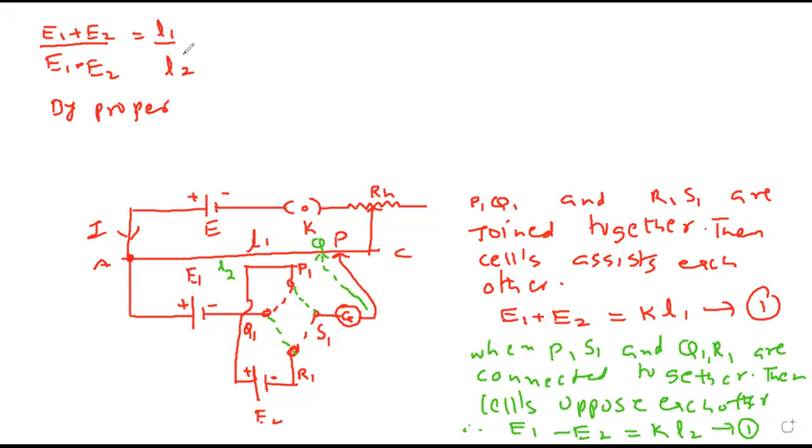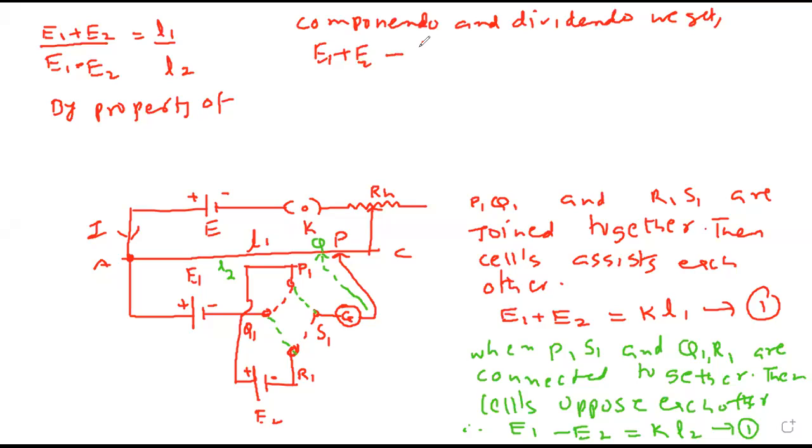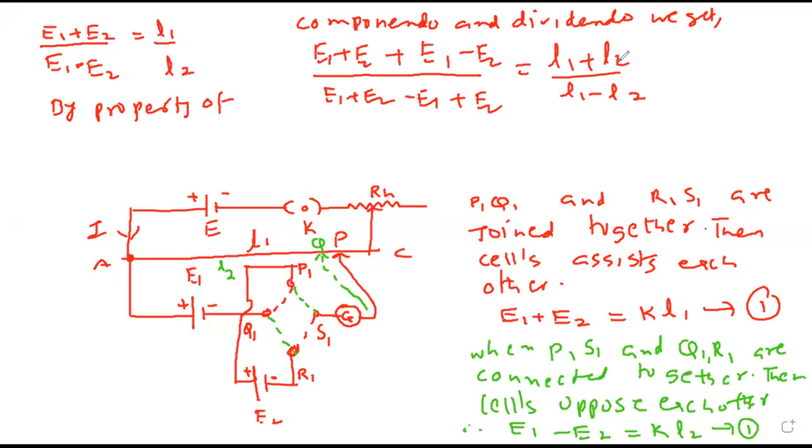By the property of componendo and dividendo, we get E1 plus E2 plus E1 minus E2 upon E1 plus E2 minus E1 plus E2 equals L1 plus L2 upon L1 minus L2.